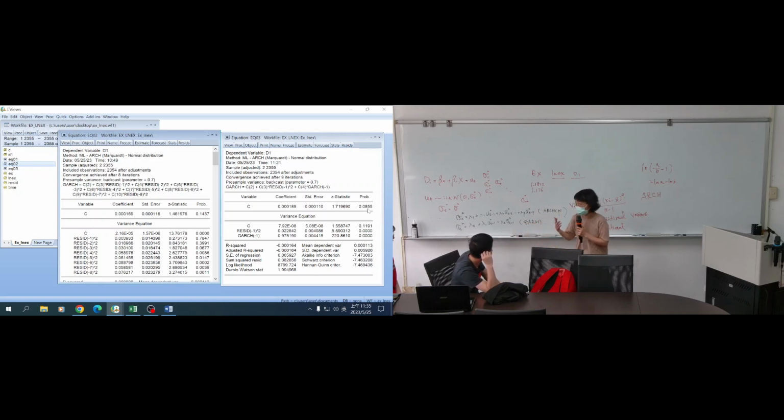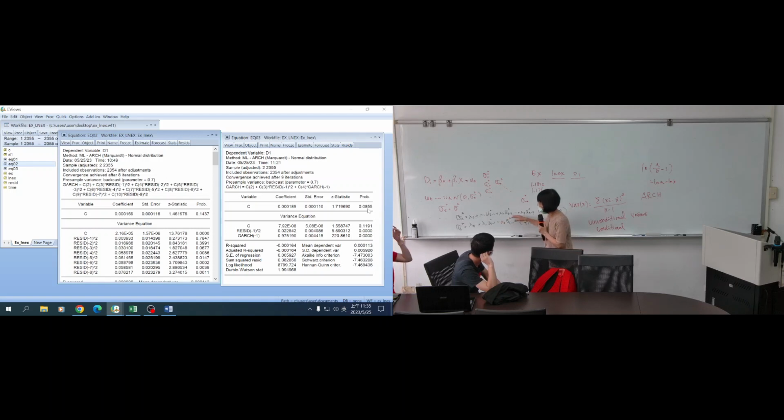Do you remember we learned time series? In the beginning of the time series, we started with the lag model and also the dynamic model. The dynamic model can be explained by using the lag model, right?